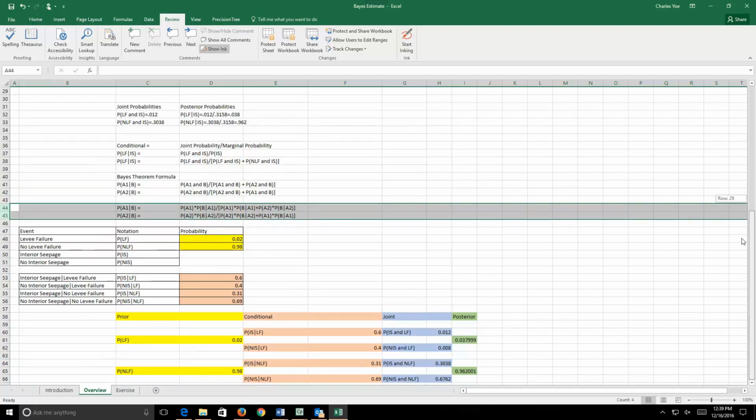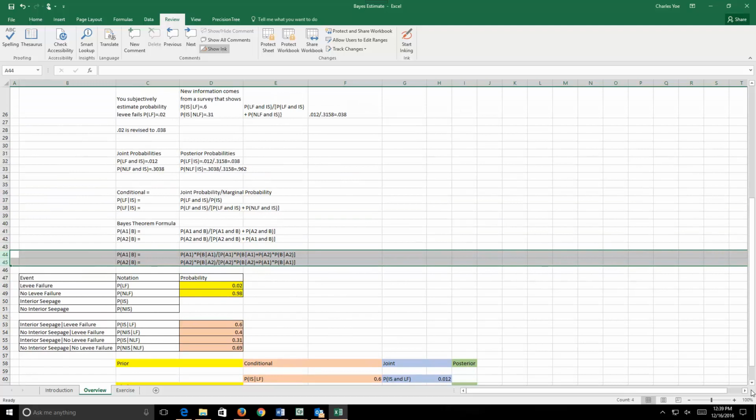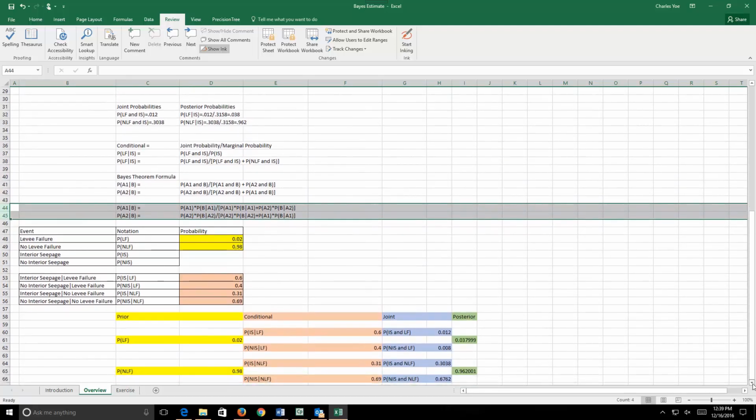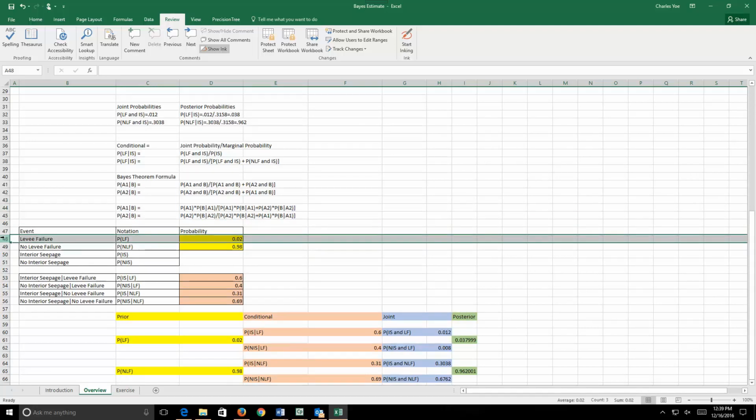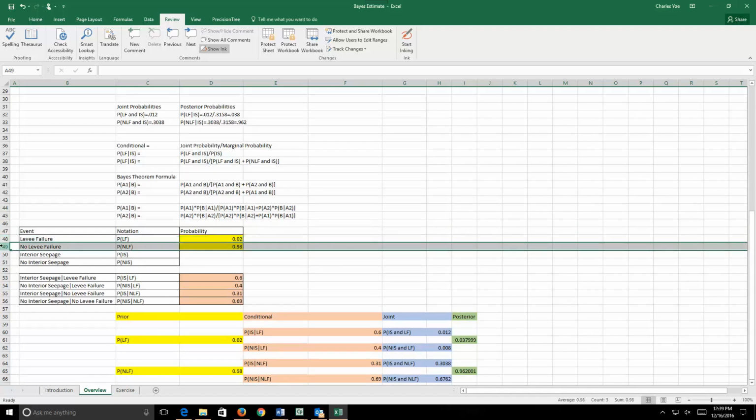The remainder of this page of the exercise provides the information once again. Here you see levee failure and notation for levee failure along with the probability of levee failure. Probability of no levee failure.